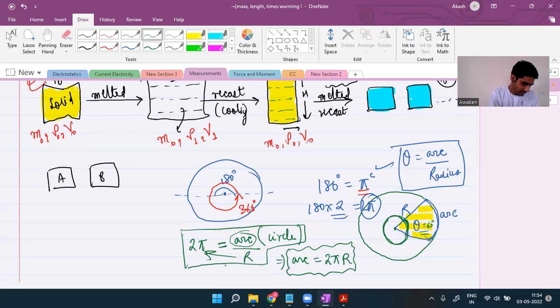Question is clear? Find the length of arc which subtends an angle of 120 degrees at the center. Okay, got it. Very good. Time started.